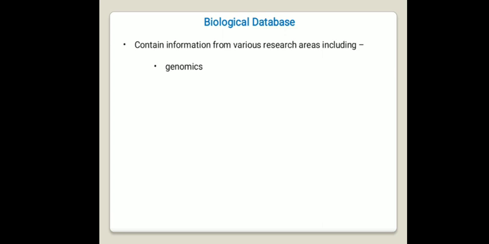Biological databases are basically the collection of life science information collected from various scientific experiments, published literature, high throughput experiment technologies, and computational analysis. The databases may contain information from various research areas including genomics, proteomics, metabolomics, microarray gene expression, and phylogenetics.